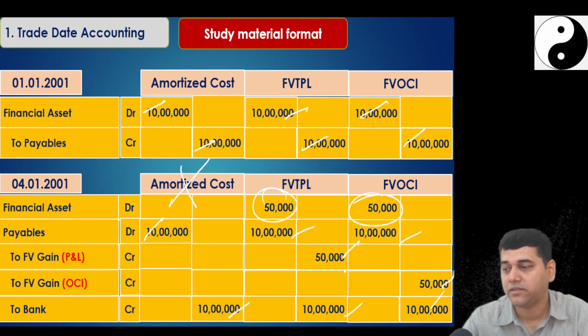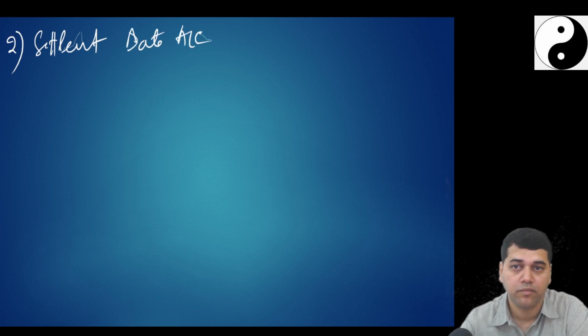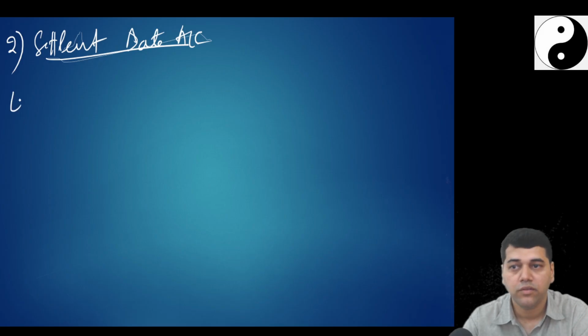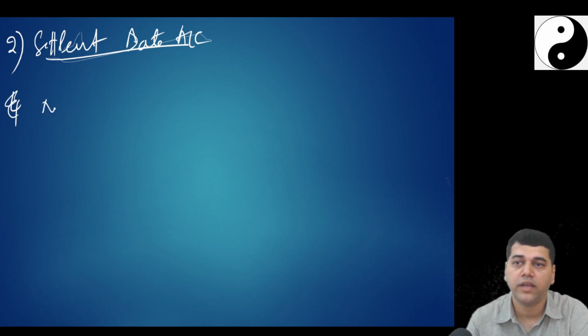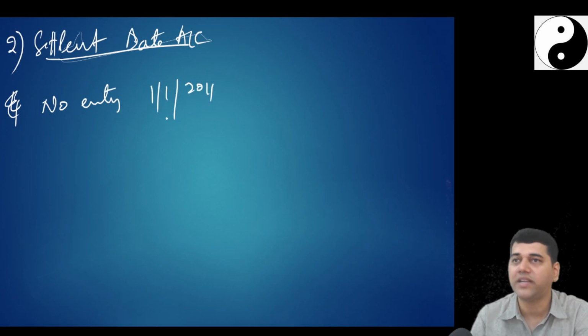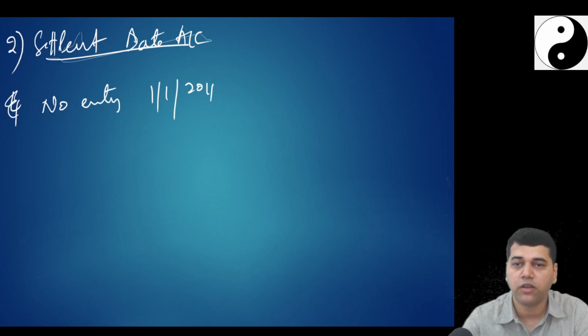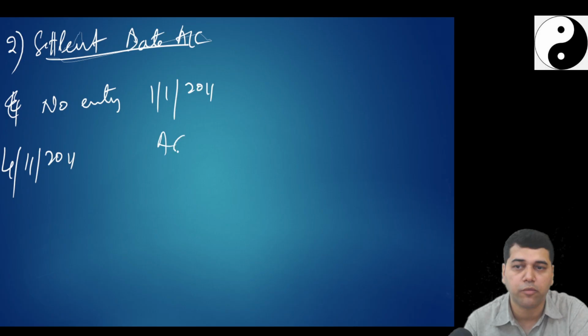Perfect? Yes. Now what if we have done settlement date accounting? Then on the first, am I going to pass any accounting entry? No entry on 1st of January 2011, because on trade date there is no entry, since we are following settlement date accounting. On 4th of January 2011, tell me students, what accounting entry will I pass if I have amortized cost classification?